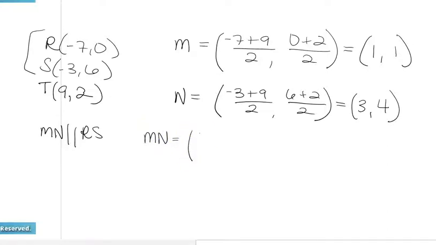So we have y2 minus y1. So let's make this x2, y2, x1, y1. That's a really bad y. So we have 4 minus 1 and 3 minus 1. We get 3 over 2. Cool beans. Now let's find the slope of the other one, and let's label.